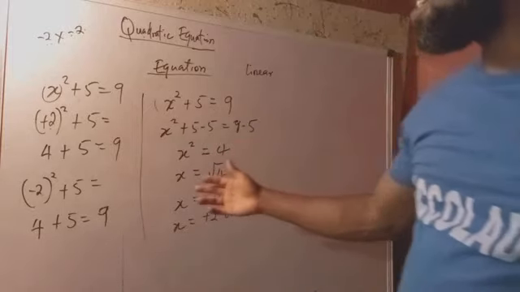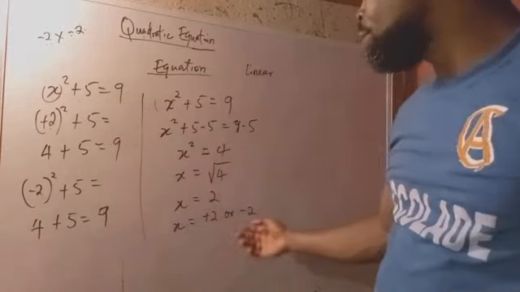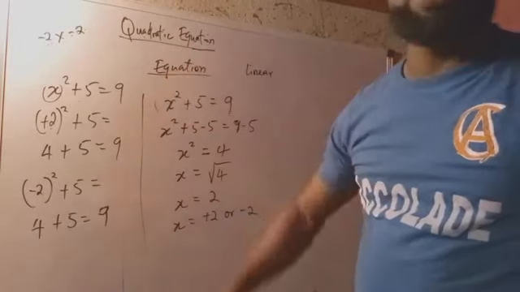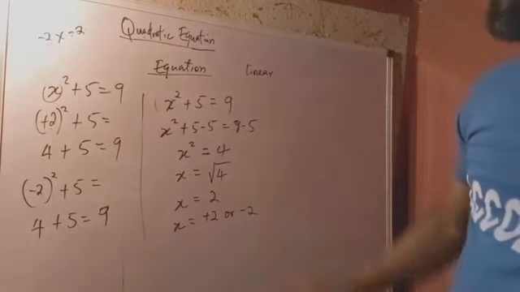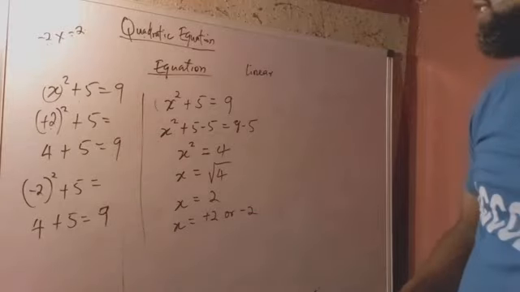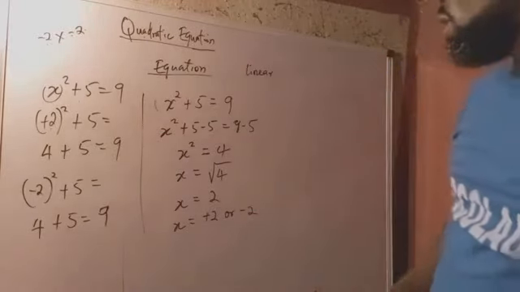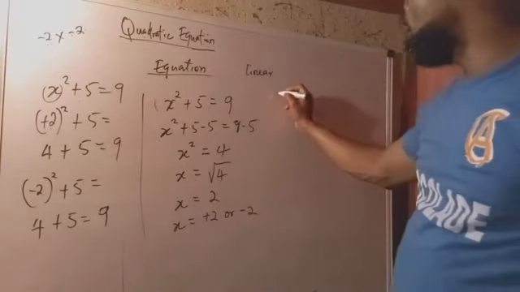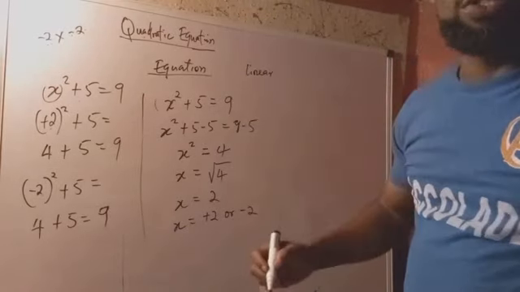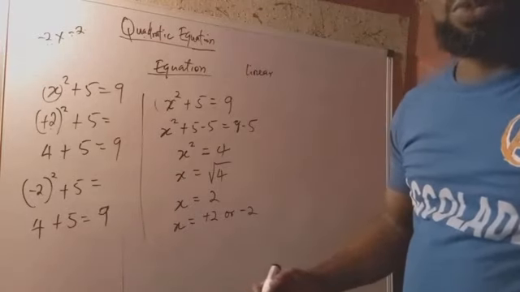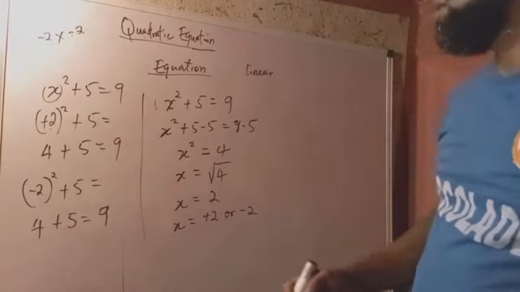Actually, the aim of this lesson was not to tell you this. I was supposed to define a quadratic equation. So now I want to believe that you already know what the definition of a quadratic equation is, right? So we know that any equation where the power of the unknown is equal to 2 is a quadratic equation.